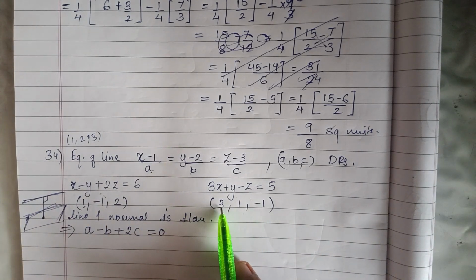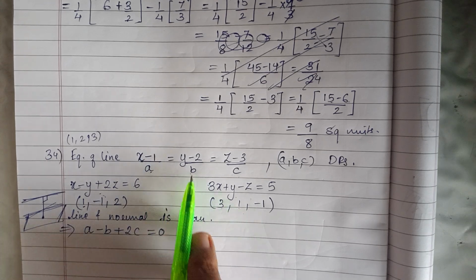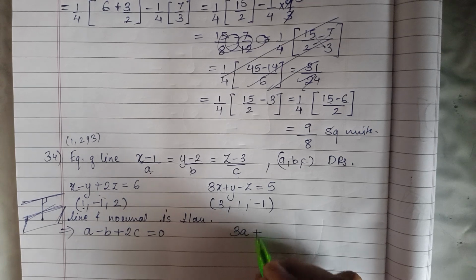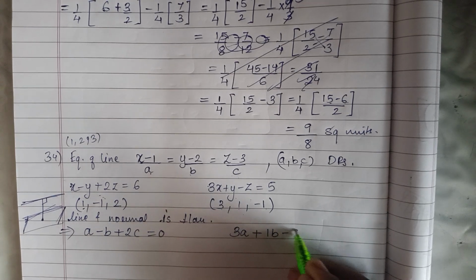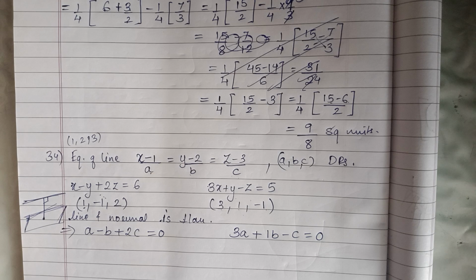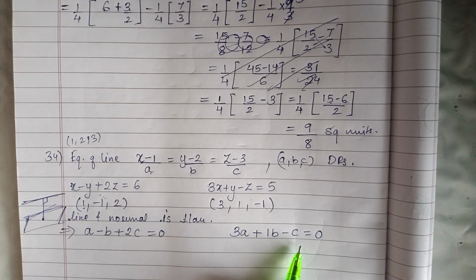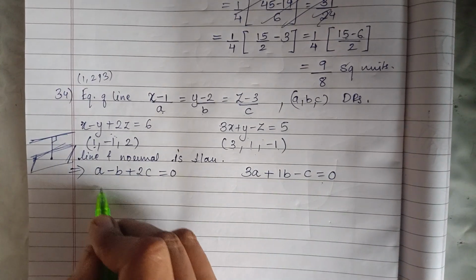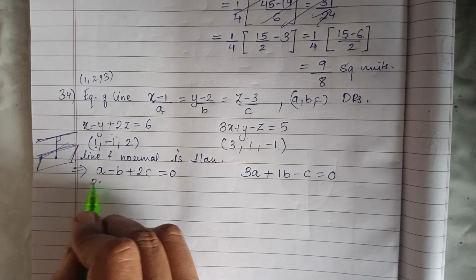What about this line? Same thing: 3 into A plus 1 into B minus 1 into C. Okay, so these are the two equations we have. We can make use of the cross multiplication method to find A, B, C. So I'll write this equation here.